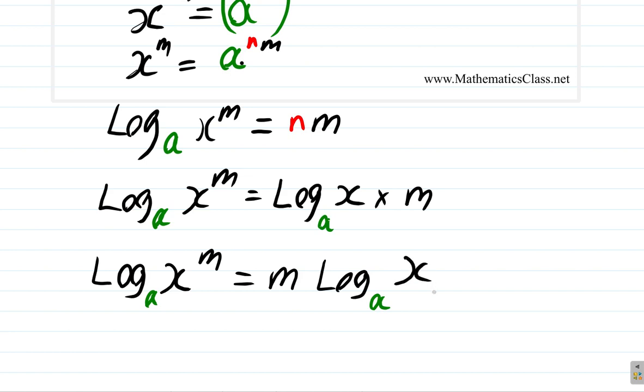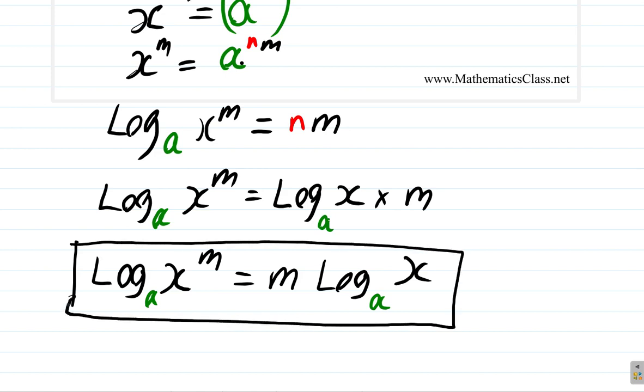All right, now that is what we have. Log of x to the m equals m log x. That is our second law of logarithm. There we have it. All right?